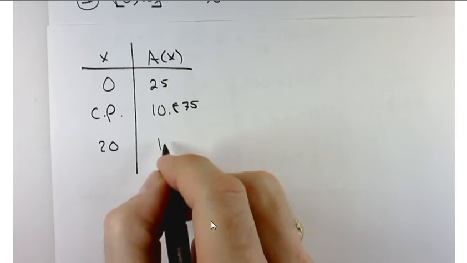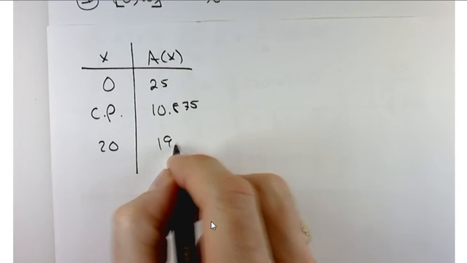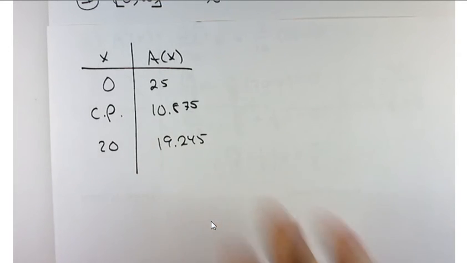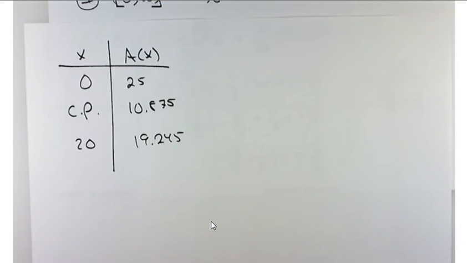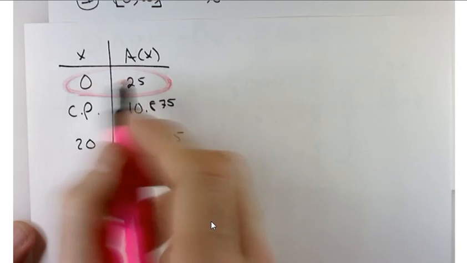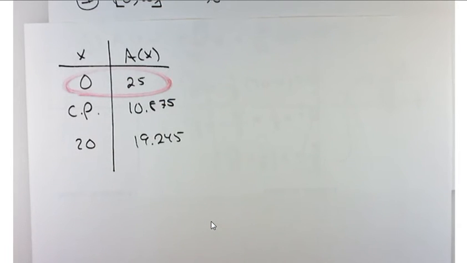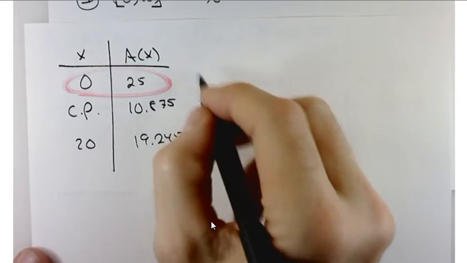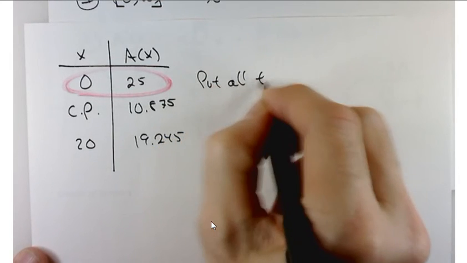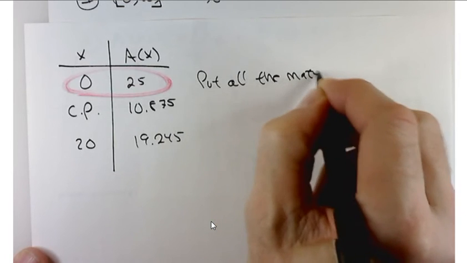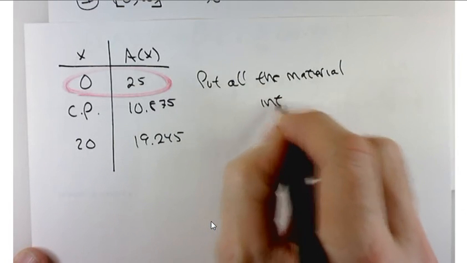Then you get about 19.245. If you're looking to maximize this, do you want to use the critical point? No. Actually, the critical point looks more like a minimum than a maximum. We'd have to investigate that. But the maximum is when you put all the material into the square.